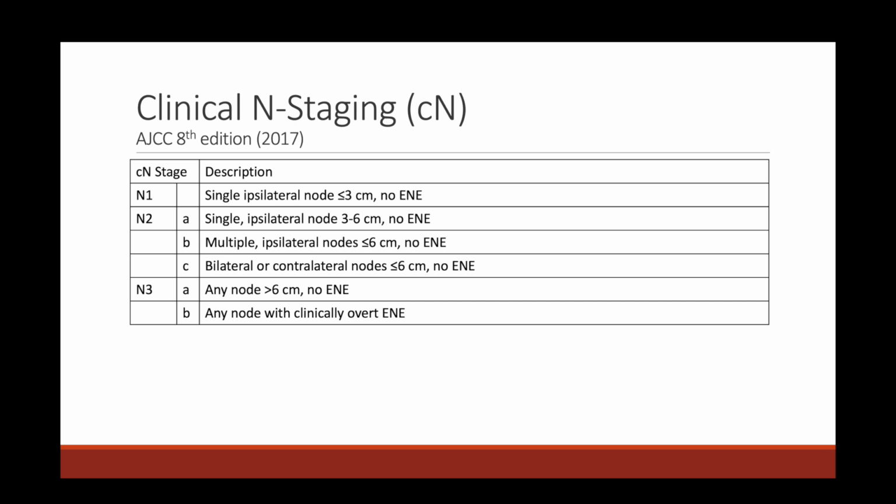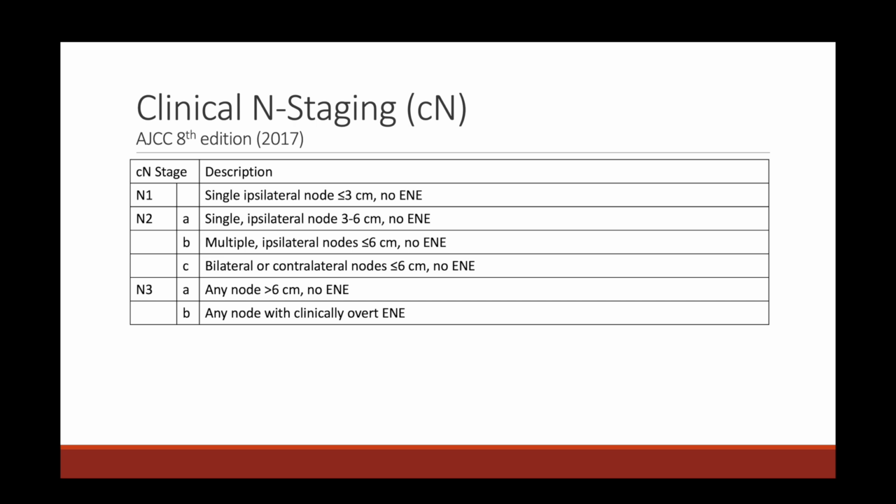And you might wonder, how can you tell if there is clinically overt ENE? So what you do is you look at the scan, and on the CT scan, it really helps to have a CT of the neck with contrast. You look at the shape of the node and you look at the tissue planes around the node.